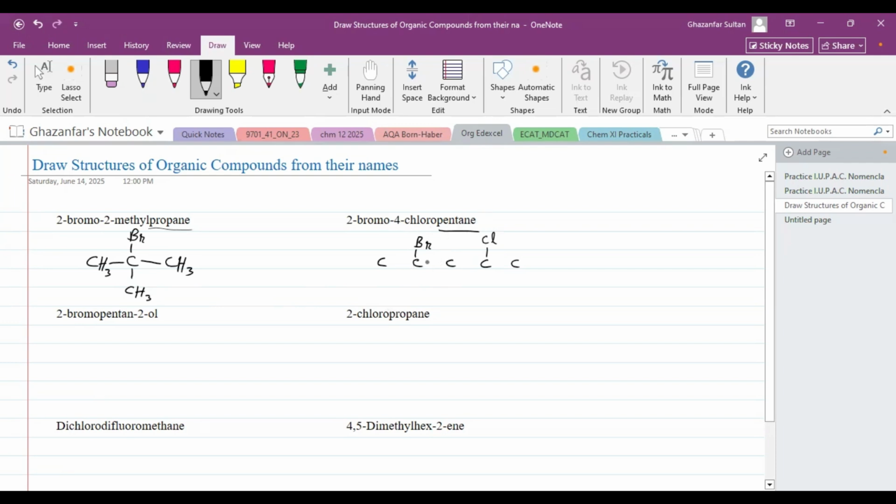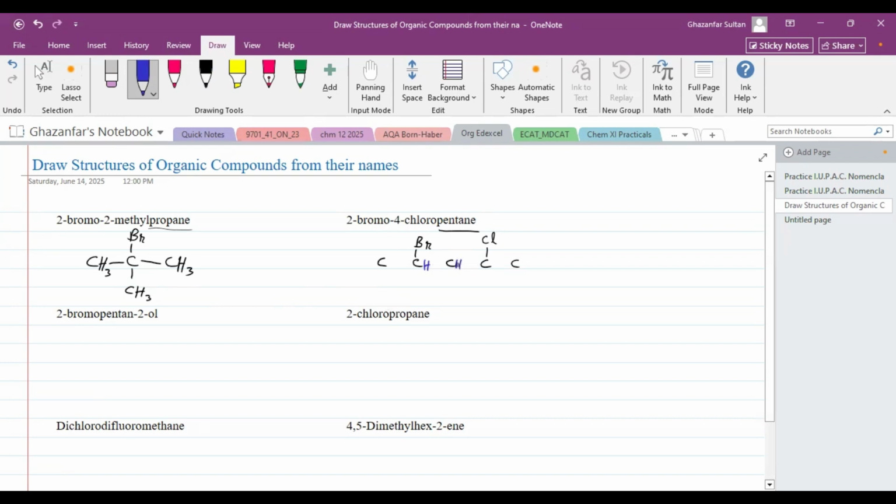So now we satisfy their valency by adding hydrogen atoms. So how many hydrogen atoms should be there? We know one bond is forming from here, one here, and one here. So there should be 1 hydrogen. And here there is no other, so only 2 bonds are possible on right and left.